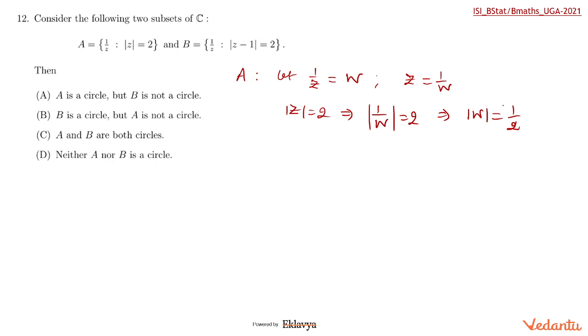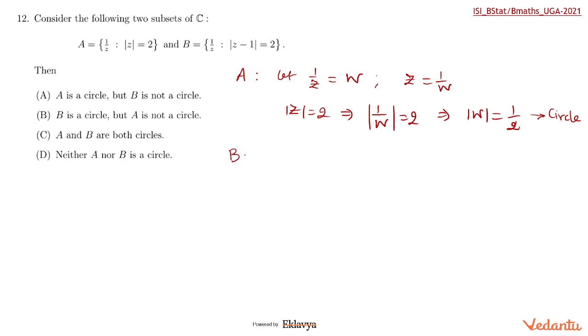Mod W is 1 by 2, so the points in the set A, the locus of 1 by Z, that is W, is a circle. This is a circle whose center is the origin and radius is half. So this is a circle.